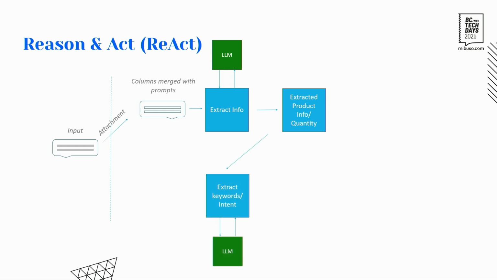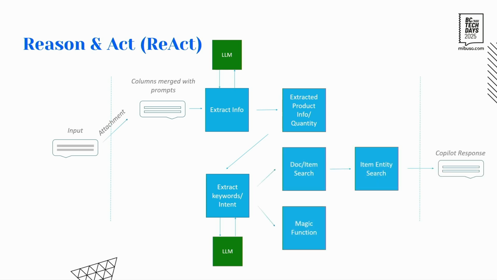From there, you pass it on to the next LLM to determine, okay, now I've got this information, what can be done here? It's taking the first part to reason over it, then acting, then reasoning over it again, and then acting to determine, all right, this is what they want, whether I can do it or I cannot do it.